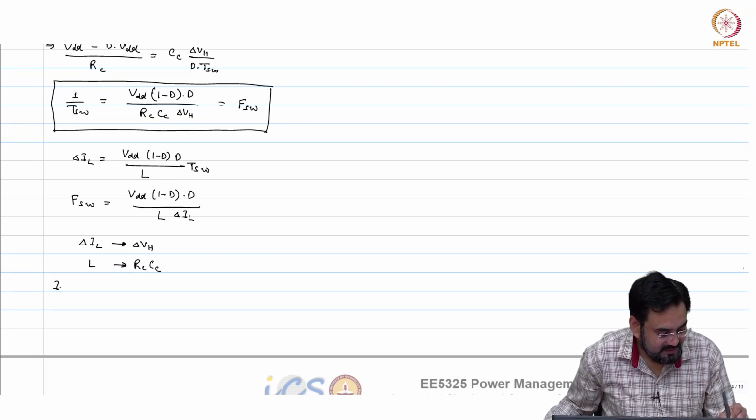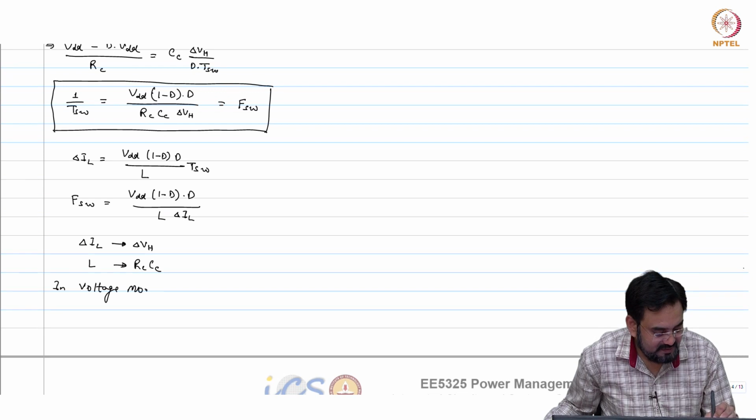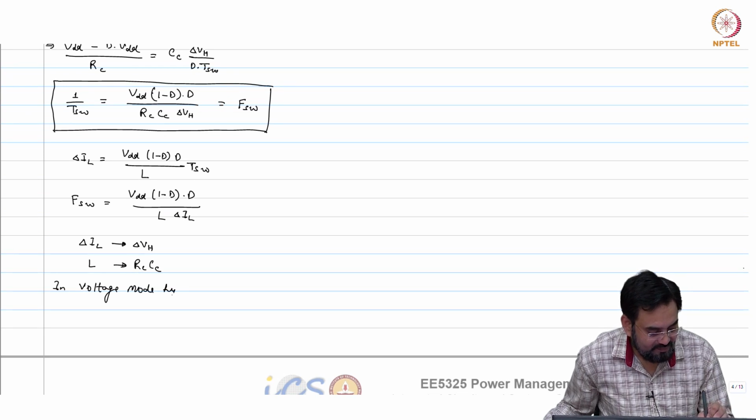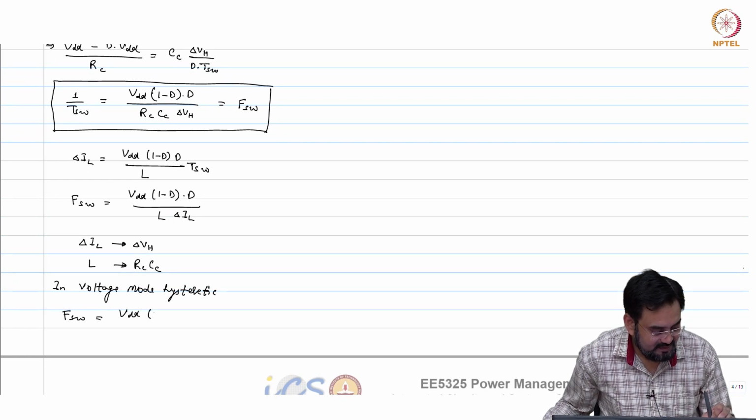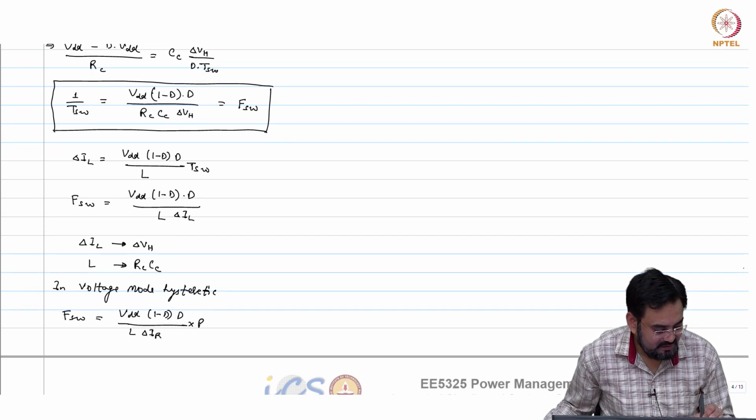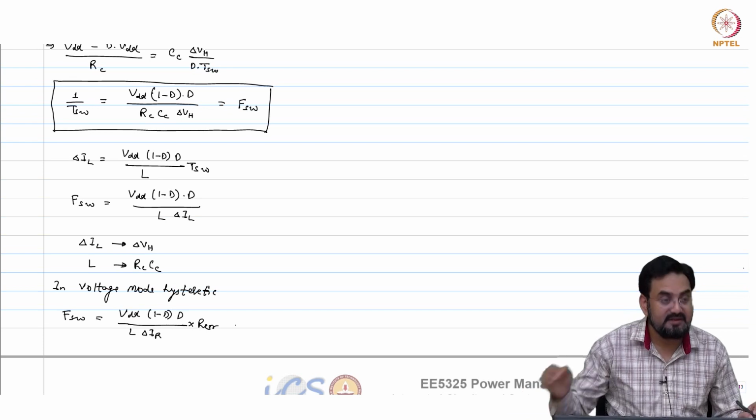Now, in voltage mode hysteretic, your FSW was VDD 1 minus D into D over L delta IL, this is what you had.